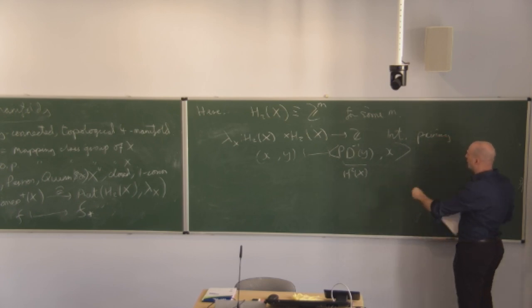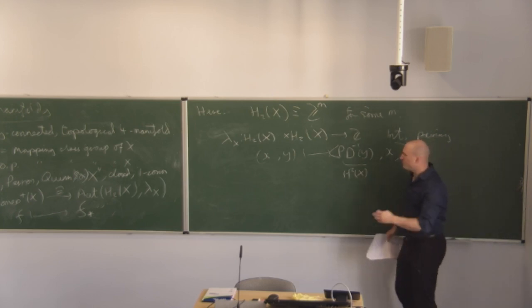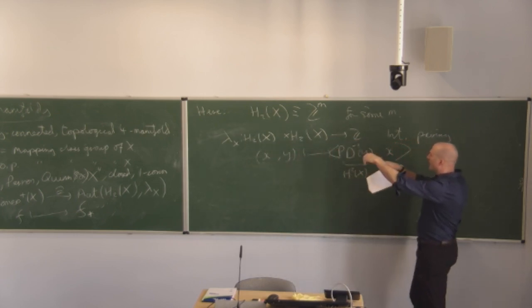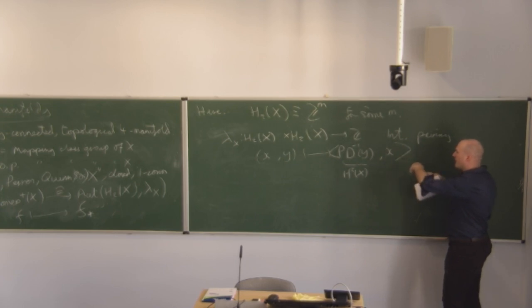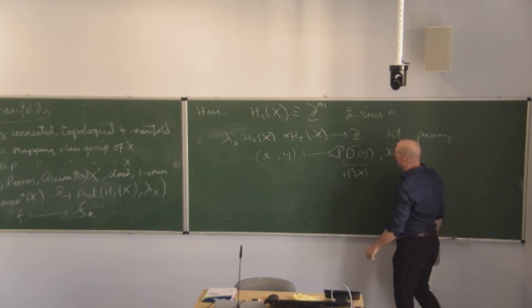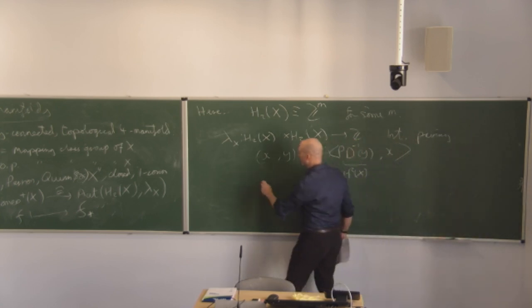This is the Kronecker pairing, and then I get an integer. You might have seen people say, take the Poincare duality inverse of both of them, take the cup product together, and then evaluate on the fundamental class. You could also define it like that. It's the same, just a quicker way of writing it, and one that generalizes more easily to non-simply connected manifolds, which I like.